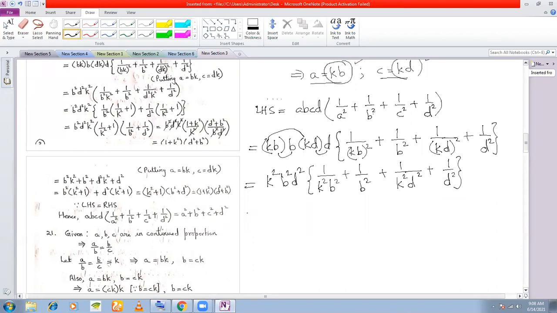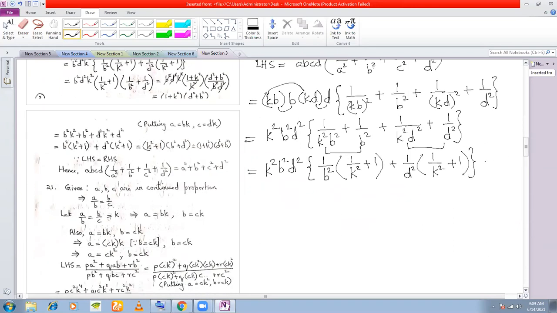Okay. So again K square B square D square. From these two, I can take 1 by B square common. What am I left with? 1 by K square plus 1. Again from these two, I can take 1 by D square common. What am I left with? 1 by K square plus 1.